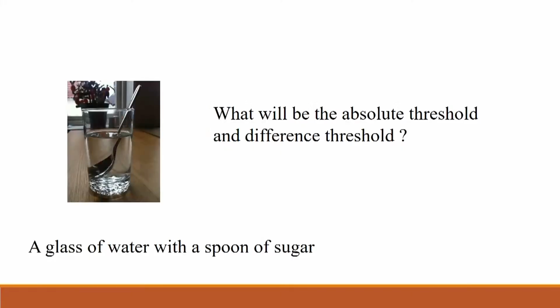So let us consider an example. You can see a glass of water, and I have added 1 spoon of sugar to it. From the previous slide, can you tell me what will be the absolute threshold here and what will be the difference threshold here? So the absolute threshold will be the minimum amount of sugar that I require in order to make that water sweet.